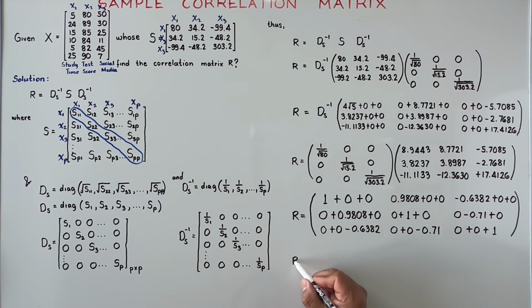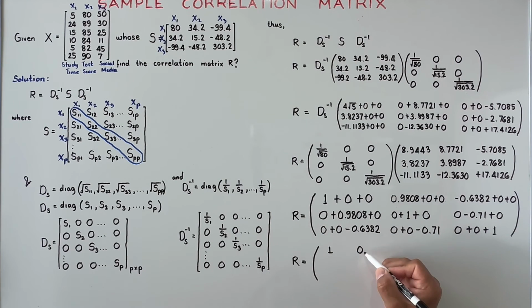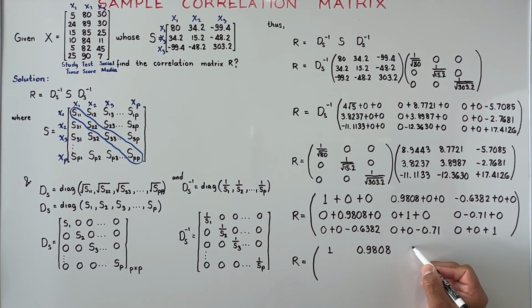So our sample correlation matrix R is equal to 1, 0.9808, and negative 0.6382.